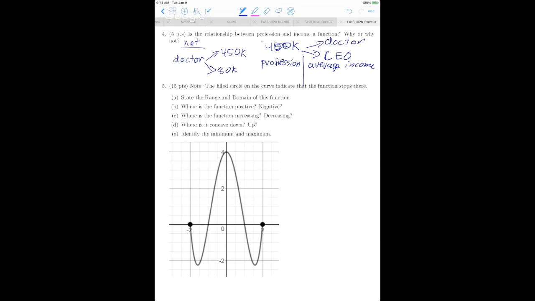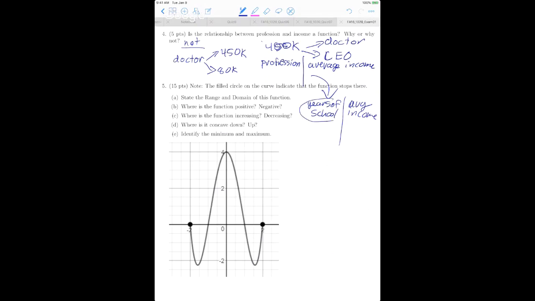I mean, that's a wishy-washy function, but it works. You could do one better. You could say years of school over here and average income over here.